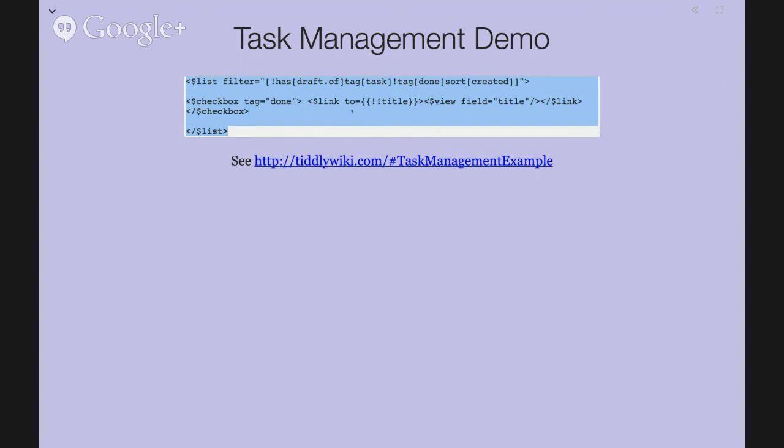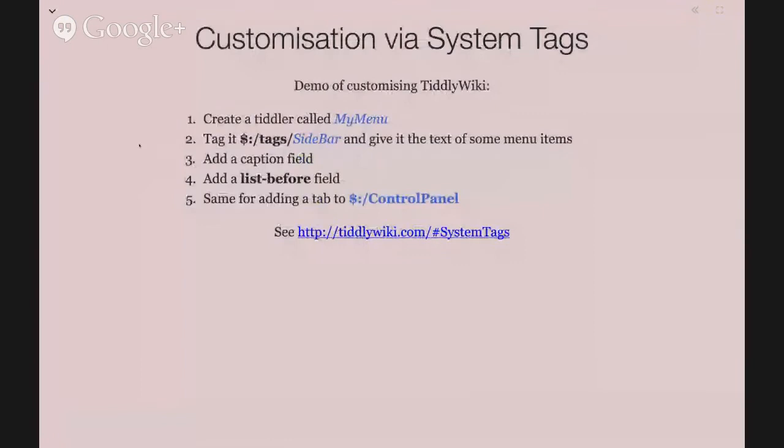We start with this really simple example of task management, and then go into the next part of the demo showing how the same tagging mechanism can be used to make sidebar tabs appear, and tabs appear in the control panel. So I was quite pleased with that flow. That seems like quite a natural progression from just talking about wiki text to talking about something that's actually a really cool feature of TiddlyWiki 5 for me.